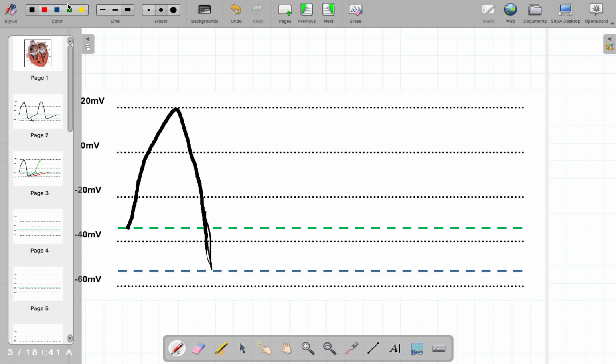So let's start off by assuming that we can move the threshold of the calcium current downwards, and we can do that, right? So we're going to keep our IF the same, but now look, we are going to hit threshold sooner than we did previously, and that would allow the calcium channel to open, and then we would essentially speed up the heart rate. So we've sped up the heart rate just by lowering the threshold for the calcium channel.